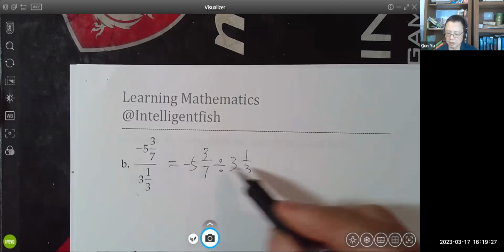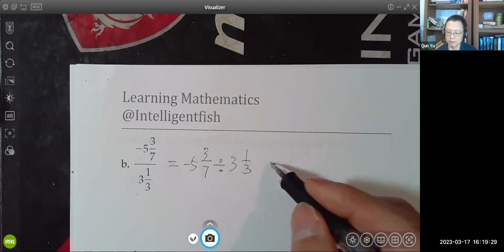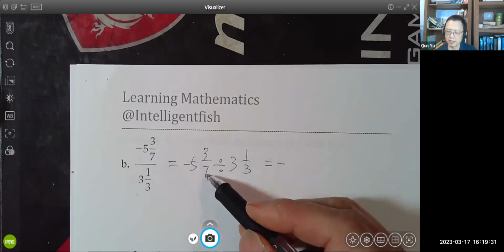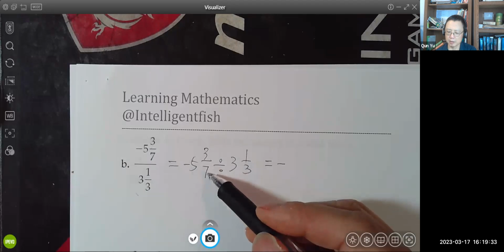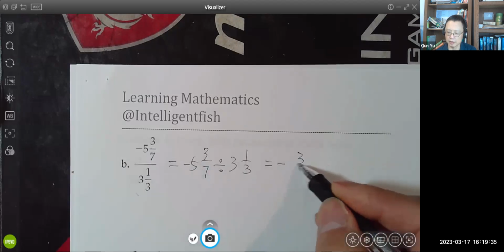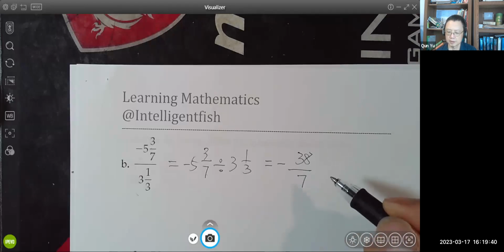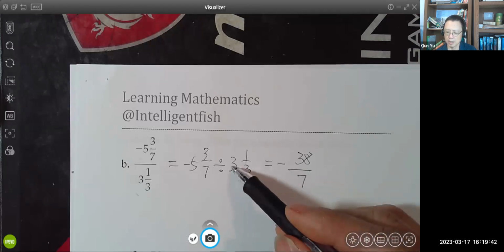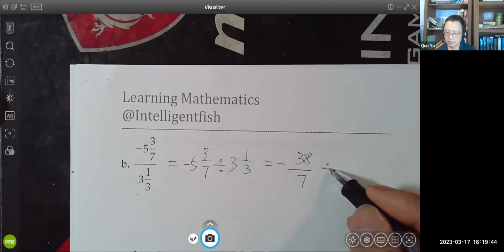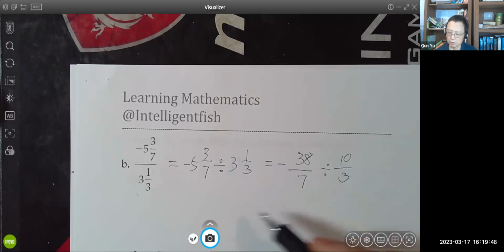Now let's change each number to the improper fraction. So -5 times 7, 35 plus 3, 38. Now 3 times 3 is 9 plus 1 is 10. So divided by 10/3. Now change division to multiplication.